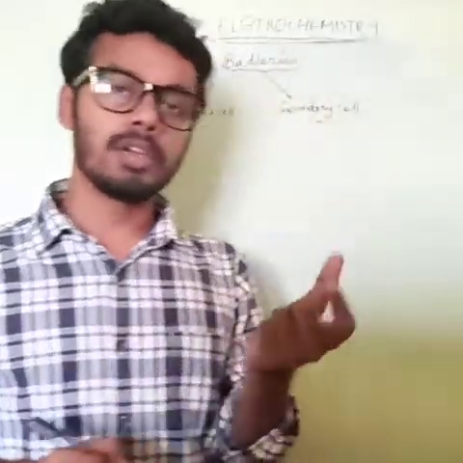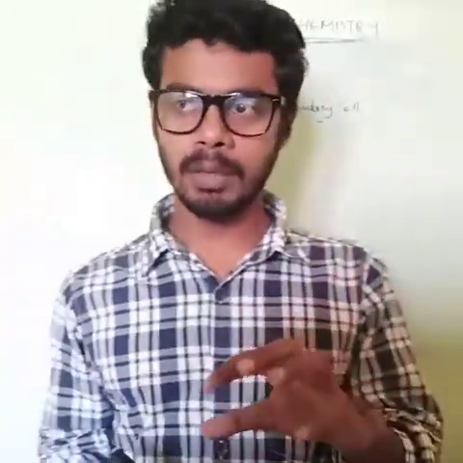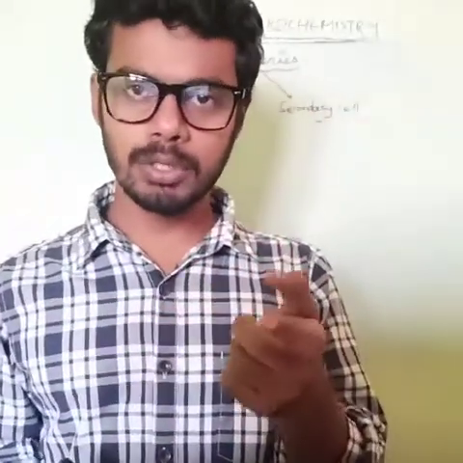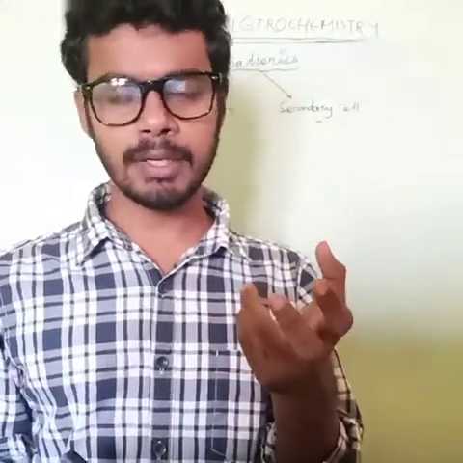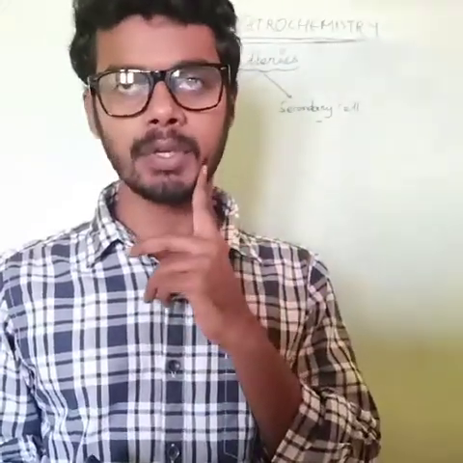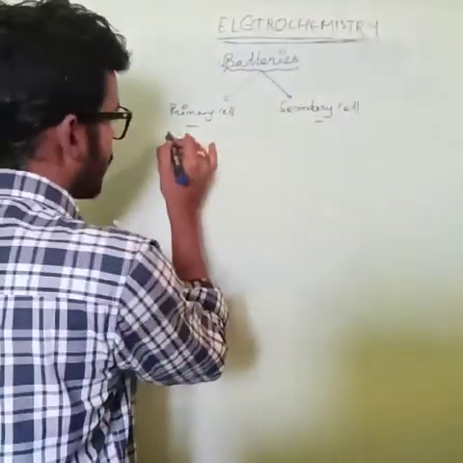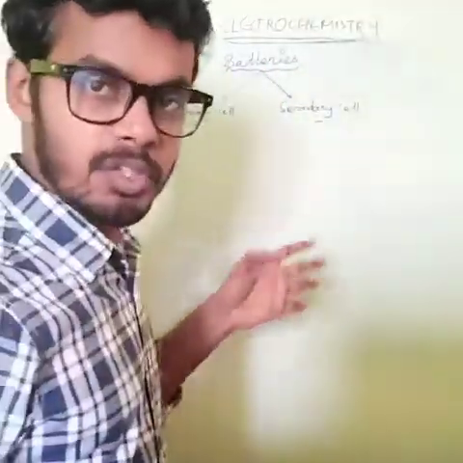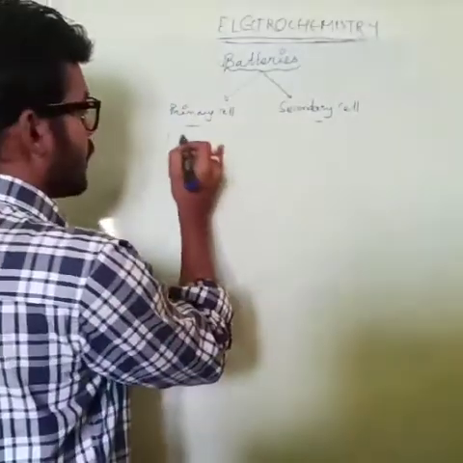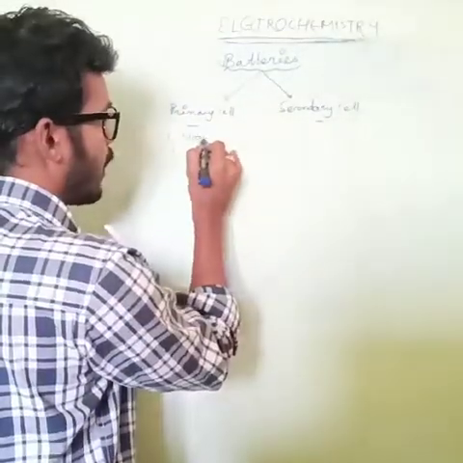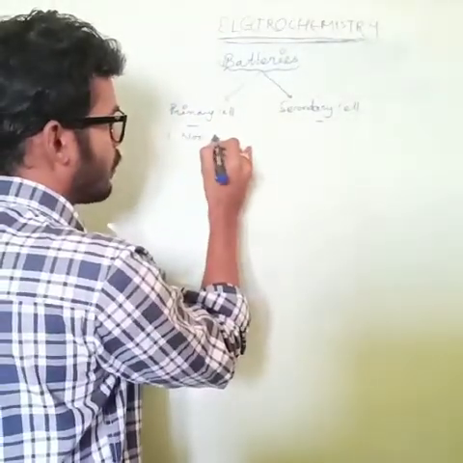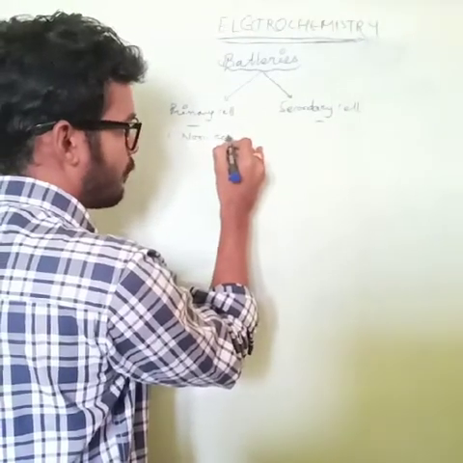The battery that we use in a remote or watch, that is your primary cell. How do you know that is a primary cell? The characteristics of primary cells are: these cells are non-reusable.